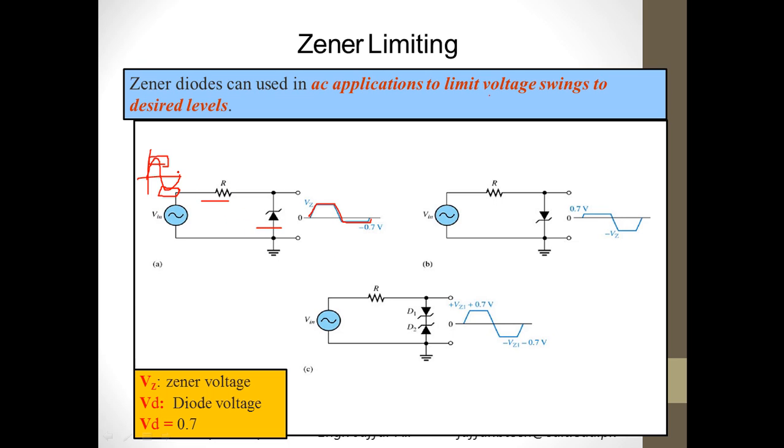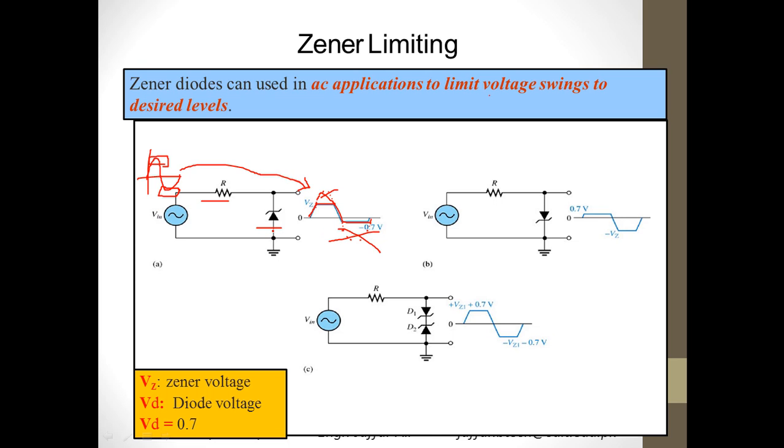You applied an AC signal, and it clipped the upper portion to a certain level, and it clipped away the other portion from the bottom of the wave. So it basically clipped out these areas, and you got what you needed.